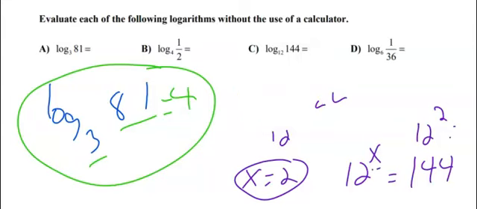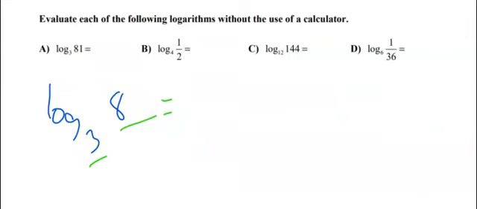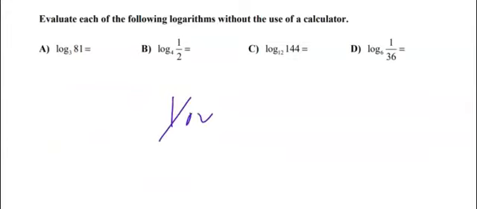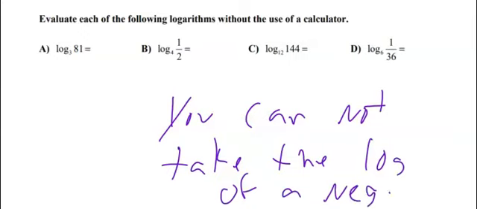All right, now look at the ones with negative exponents. Whenever you have fractions involved with logarithms, you're going to have negative exponents somehow, some way, or negative values. I should mention this too before I begin. You cannot take the log of a negative number, ever.